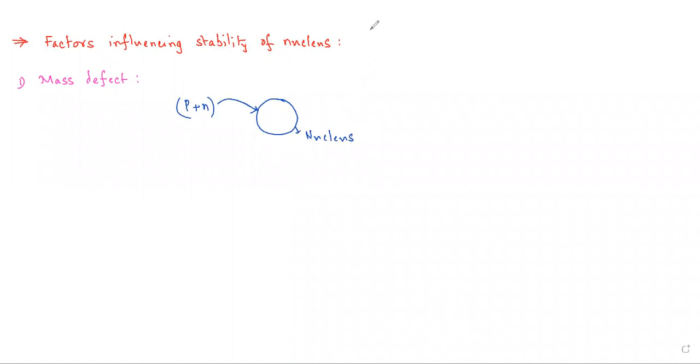During the formation of a nucleus from its constituent protons and neutrons, some amount of mass is lost.